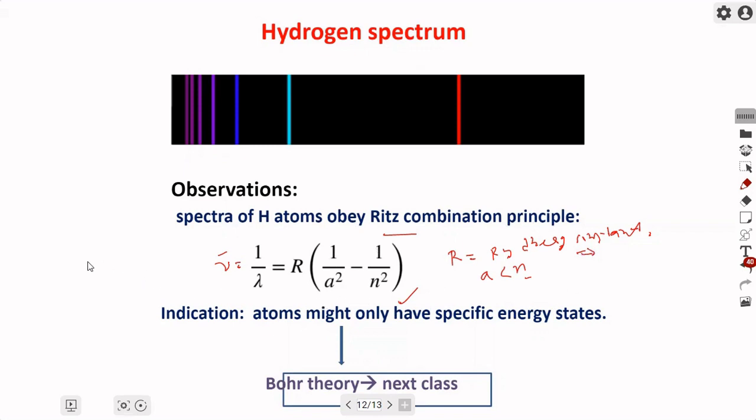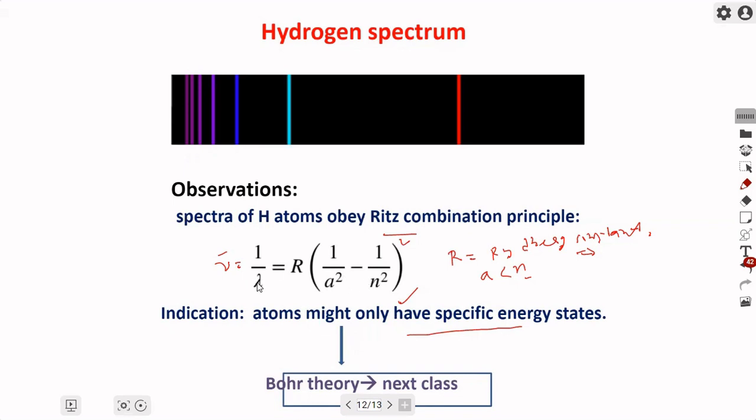So the classically trained physicists tried to fit their explanation, saying the peak positions or frequencies should be integral multiples of this fundamental oscillating frequency due to the revolving of the electron. But it is not fitting. The indication is that atoms might only have specific energy levels.